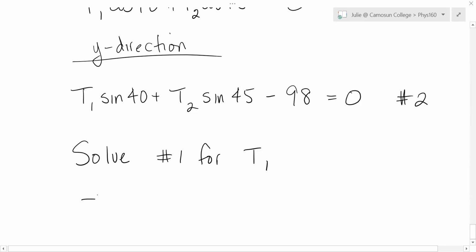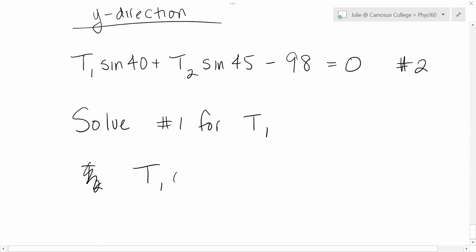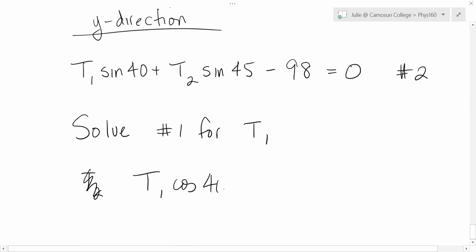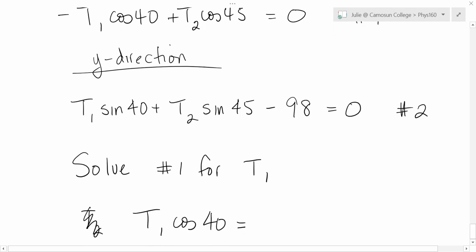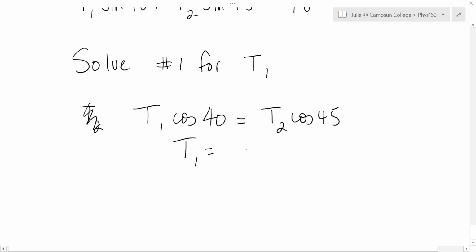Okay, I'm going to take it over to the other side. I'll just switch signs. T1 cos 40 must equal, because one's positive, one's negative, T2 cos 45. So T1 is equal to T2 times cos 45 over cos 40.